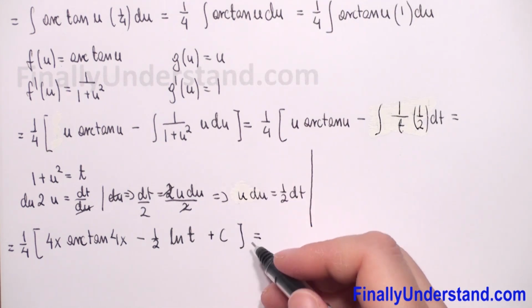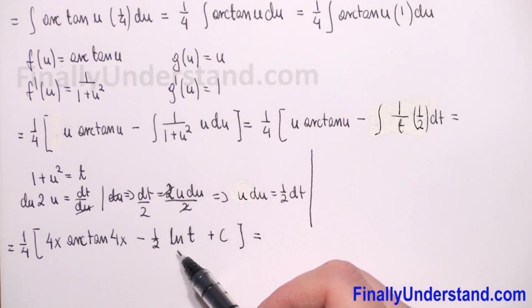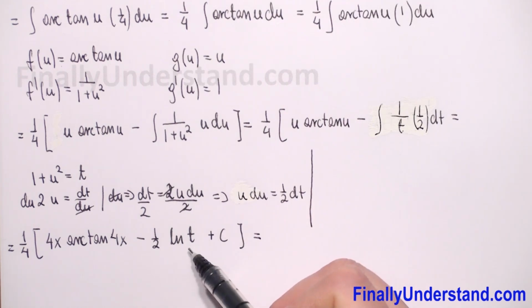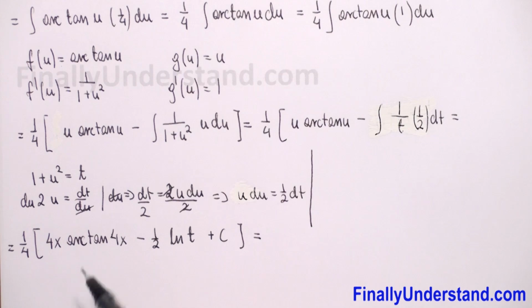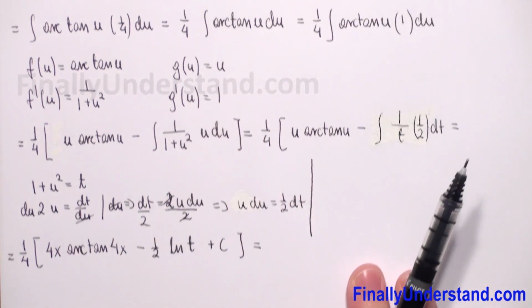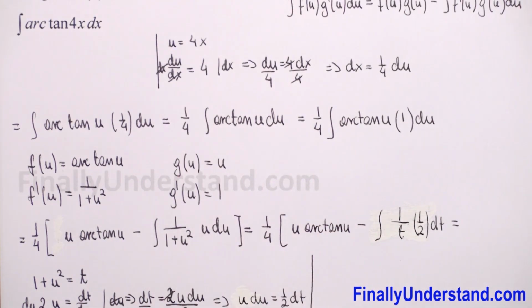So this is equal to. Now we have to come back to our substitution. t was equal to 1 plus u squared and u was equal to 4x.